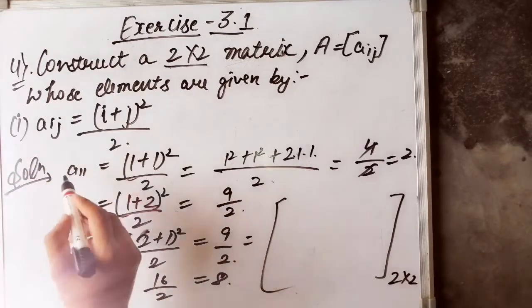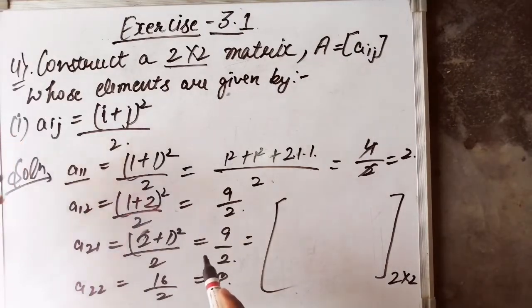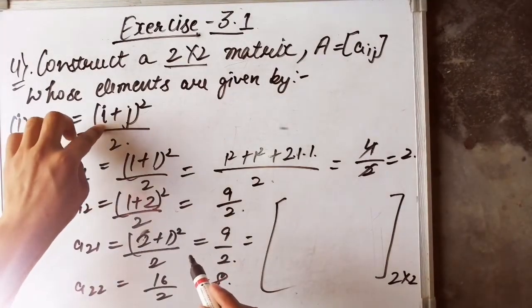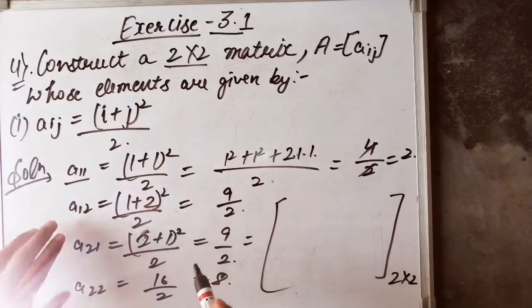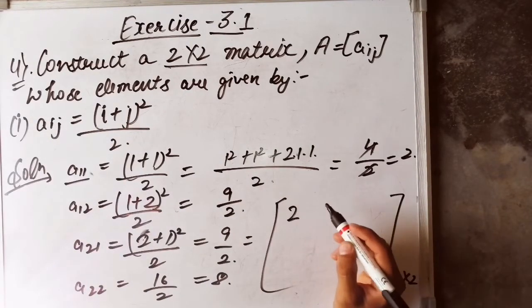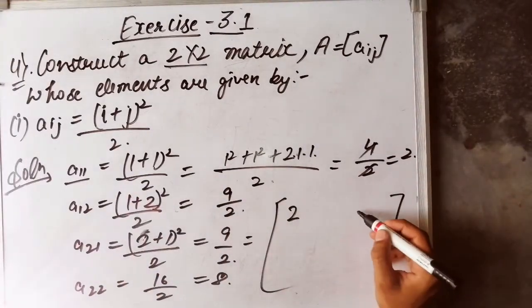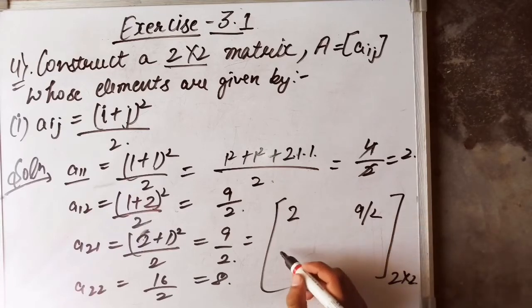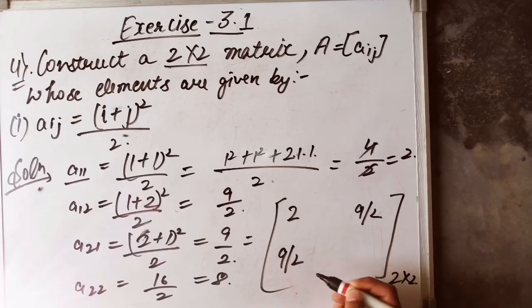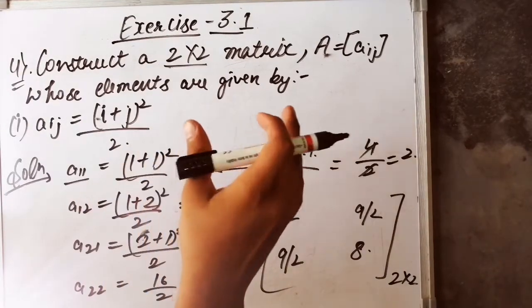For instance, I need to find out a11, and what I did here, I just replaced 1 with i and 1 with j. Now, what is a11? a11 is 2, a12 is 9 by 2, a21 is also 9 by 2, and a22 is 8. This was the matrix which we have constructed of order 2 cross 2.